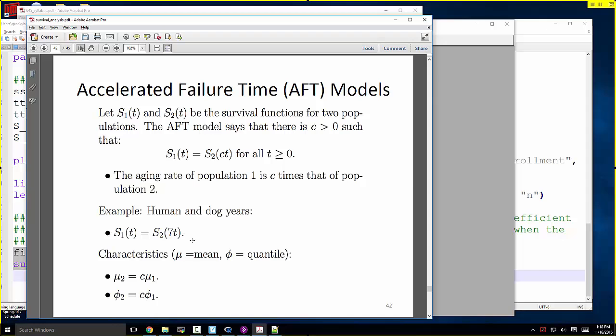So if your dog is 7 years old, it's like they're 49 years old as far as humans go. That's like this accelerated failure time relationship: the survival probability, your health prognosis, at time 7 for a human is comparable to the survival probability at time 7 times 7 for a dog.